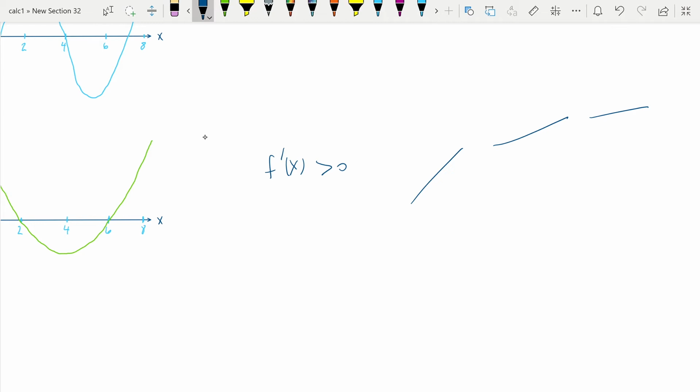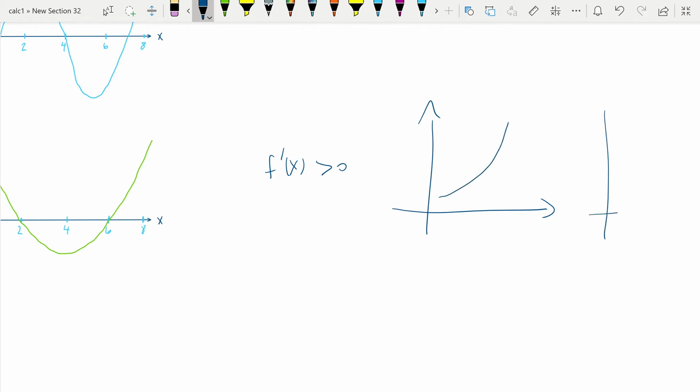So whenever you have a positive slope, it means that the function is locally going upwards. So if f prime is positive, the kind of things you should expect to see are things like this. So a function that is increasing like this or like this, say.